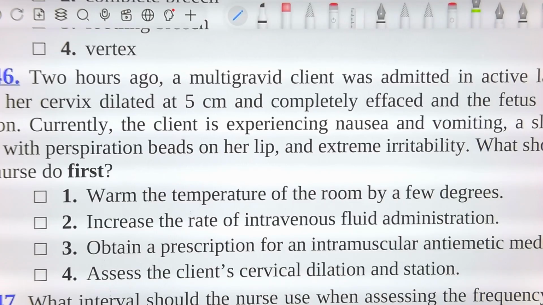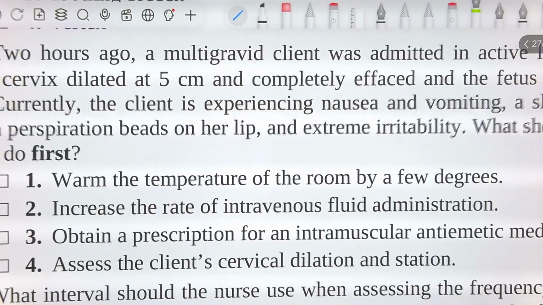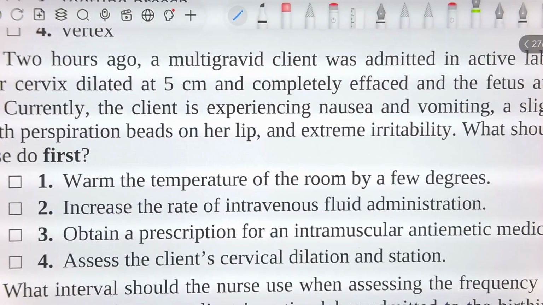What should the nurse do first? Read all the options and let me know the right one. So these are symptoms of the transition phase. So we need to assess the client's cervical dilation. So answer number 4 will be the correct one.